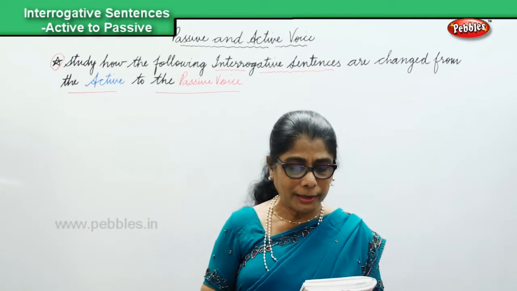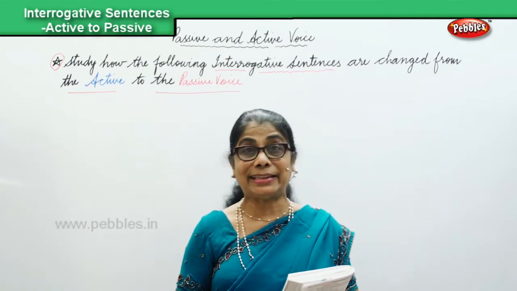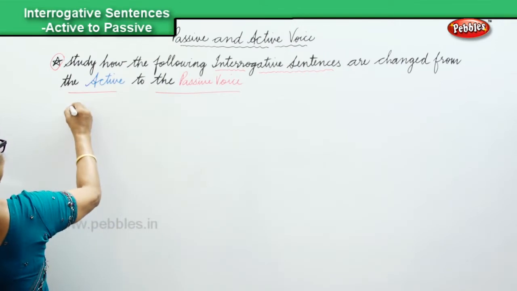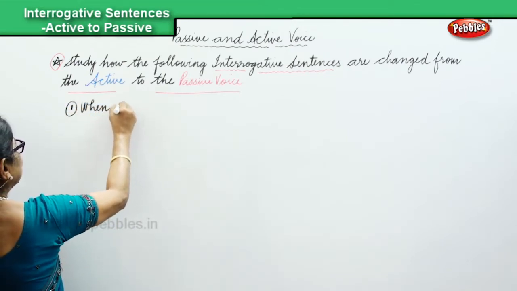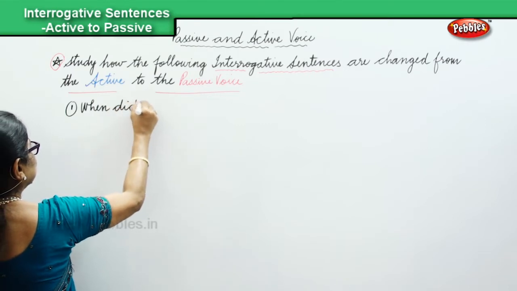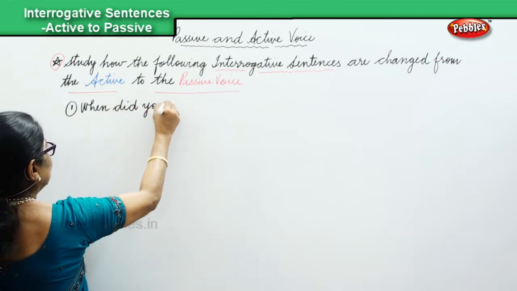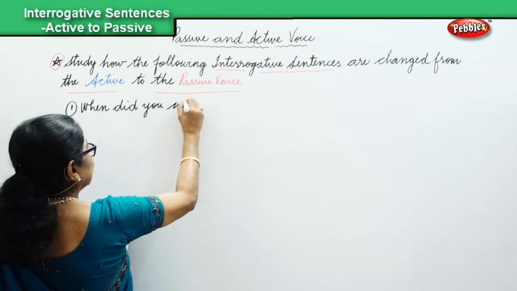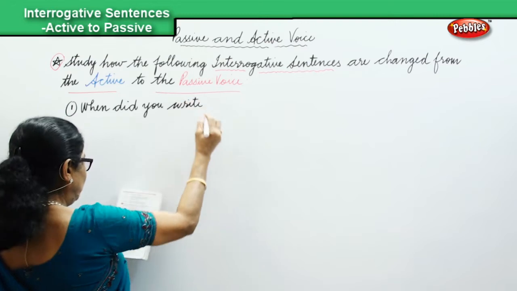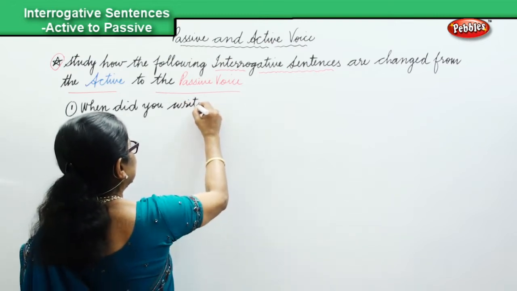Okay. 1. When did you write this letter? That's the first one. When did you write this letter?